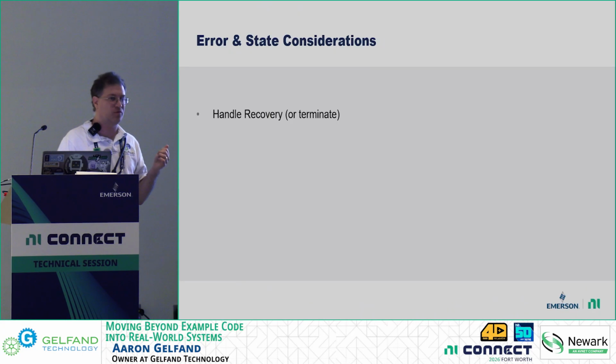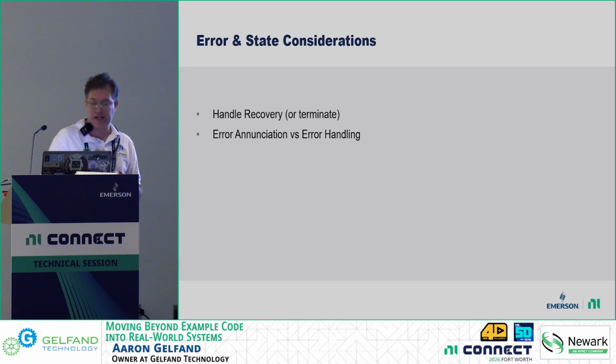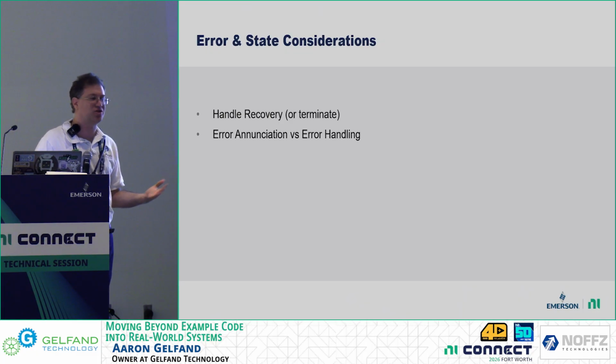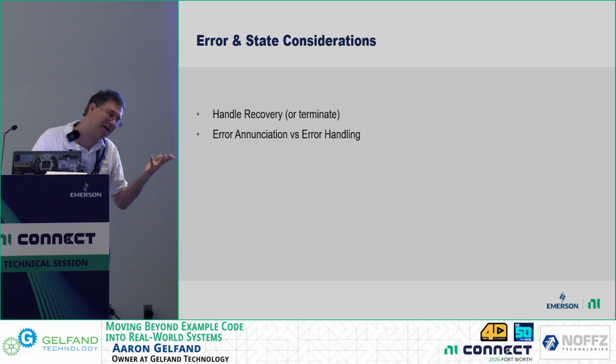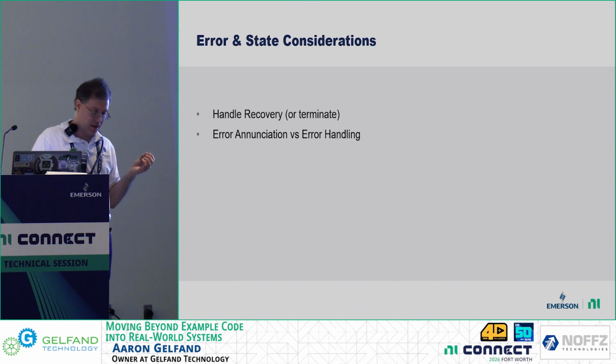We can recover and try to do something to resume, or we can terminate. We can enunciate problems. Those of you familiar with the simple error handler and general error handler, that's a form of enunciation. We're advertising it to the user. We're not actually doing anything with that information though. We might give them the ability to terminate the program, but all we're doing is enunciating.